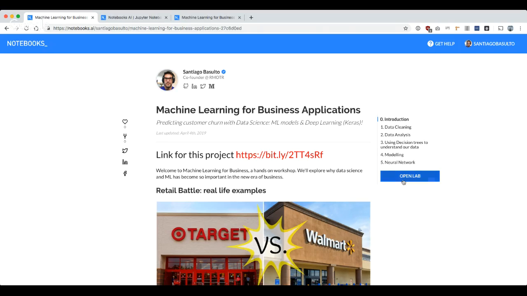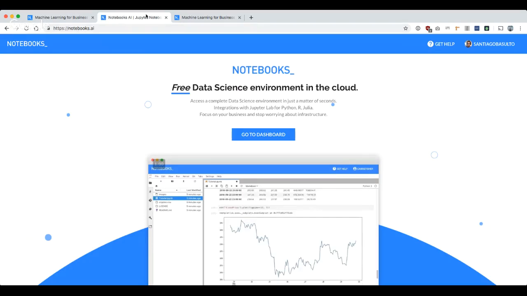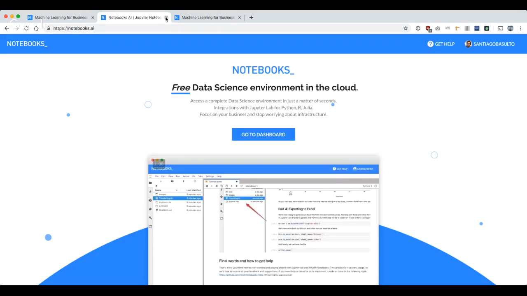You can fork this project without the need of creating any accounts, and start working immediately. No need of email, name, nothing. This is a completely free service, so you can start right away with your work.